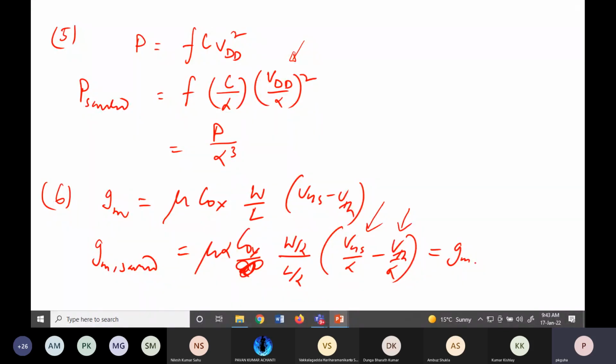Now the thing is, if we go on reducing the device dimension, different challenges have popped up in the last 30-40 years, and these are known as short channel effects. So there are different short channel effects out there, and people use different means to improve those short channel effects.